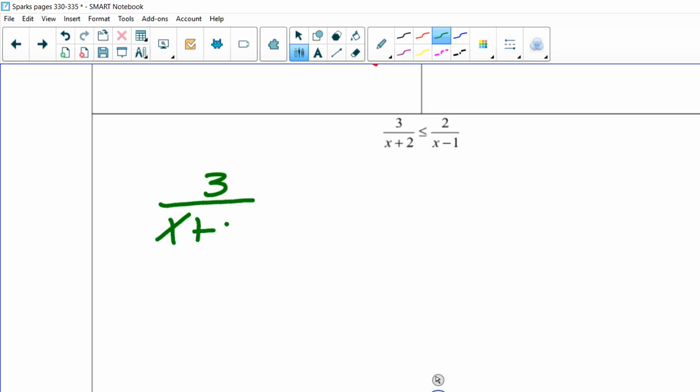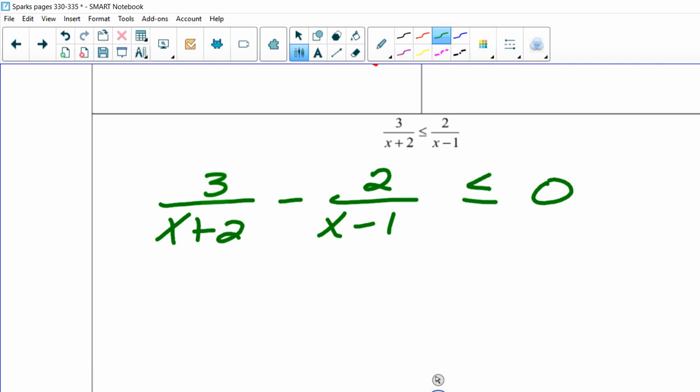What if I subtracted this one? Now it's set equal to 0. You have to get one fraction over here on the left, and the only way to do that is to get a common denominator. So let's get that part done. Oh, sorry. No. It's not equal. The sign stayed the same. Thank you for that catch.